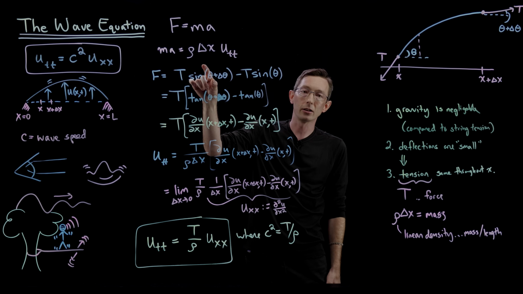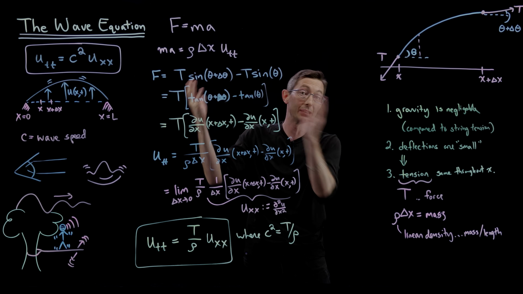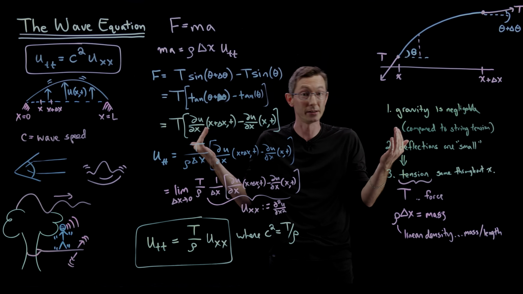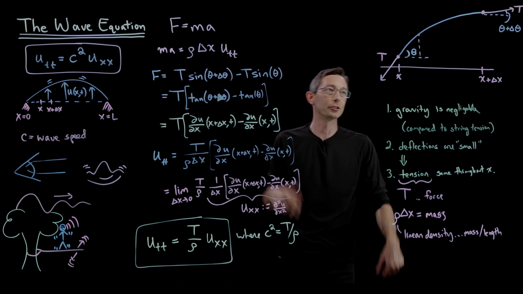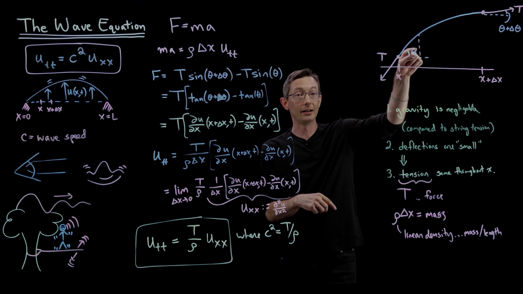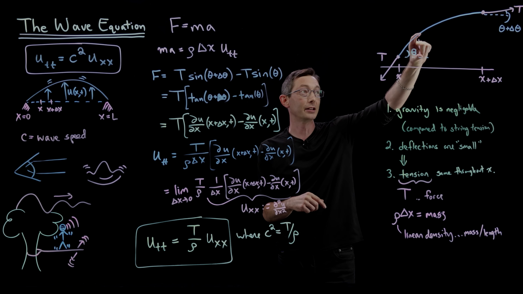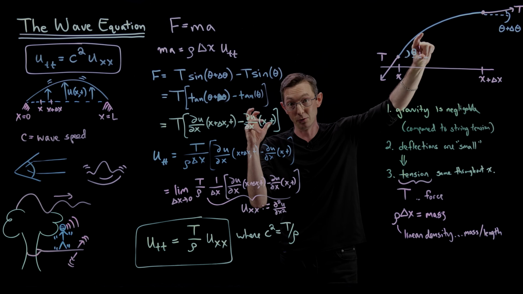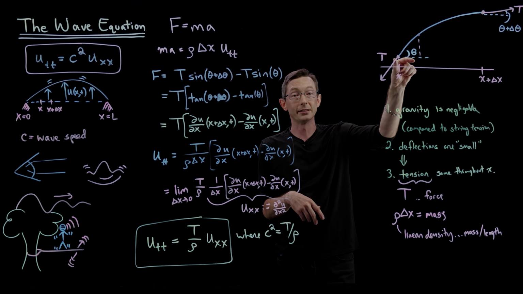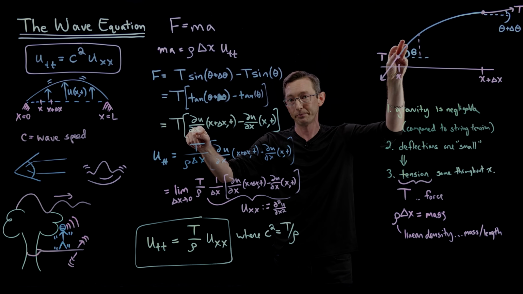Our small angle approximation then goes into this tangent. You can turn these sines into tangents because dividing by cosine doesn't do anything for small angles. Then we use this neat little trick that tan of theta is equal to partial u partial x. It's literally whatever delta in the vertical direction, which is my u variable, delta u over delta x. And if I take that limit, I get partial u partial x.